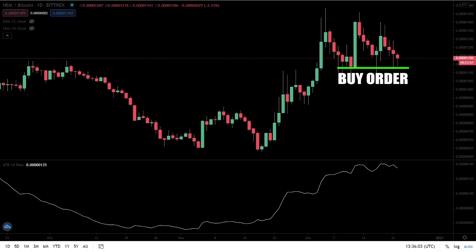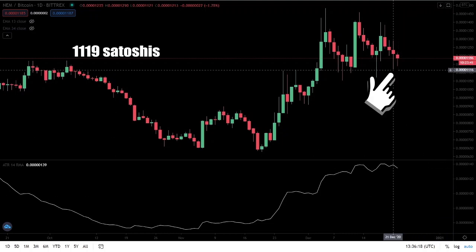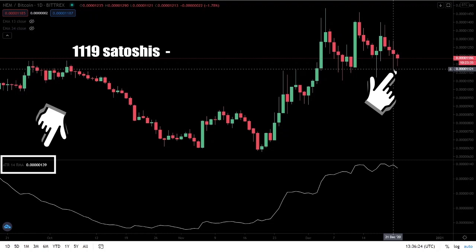Now we need to set up our stop loss. We're gonna do the same calculation. We're gonna take the most recent price at the bottom of this range at our support area. In this case, it's gonna be 1119 Satoshis minus the last value given by the ATR.